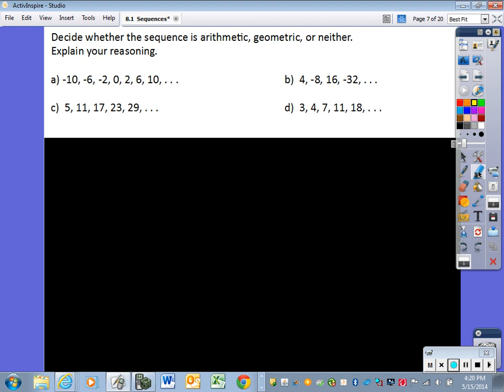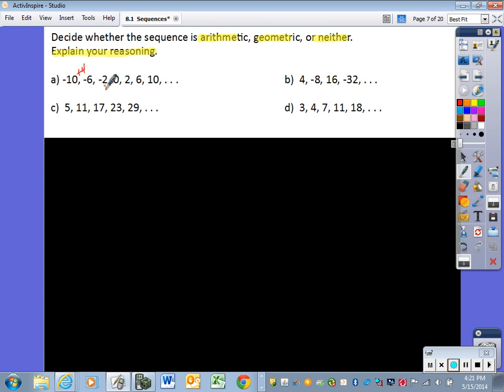So let's see. Decide if it is arithmetic, geometric, or neither. And explain your reasoning. So, A, negative 10, negative 6, negative 2, 0, 2, 6, 10. What are you doing from negative 10 to negative 6? Adding 4.